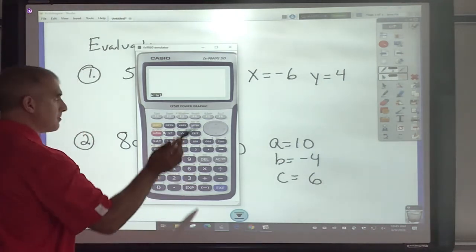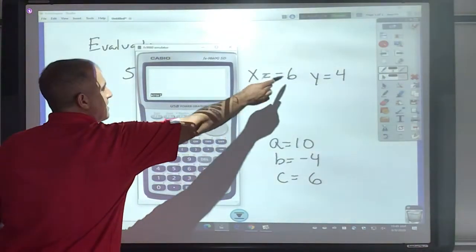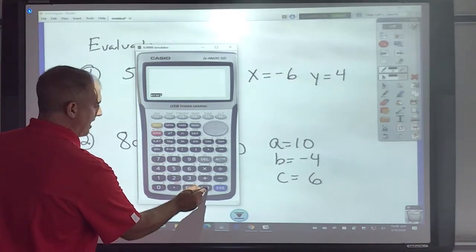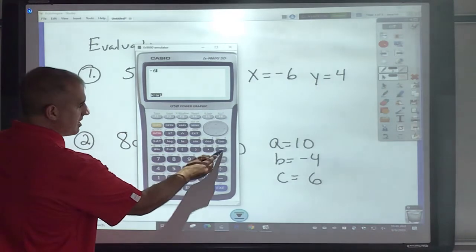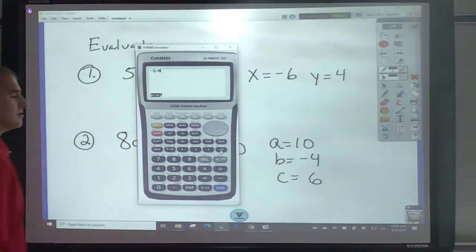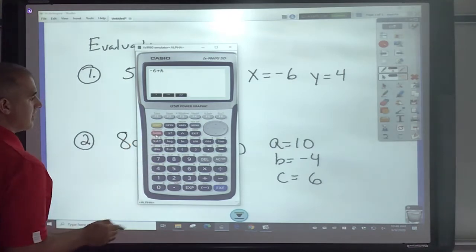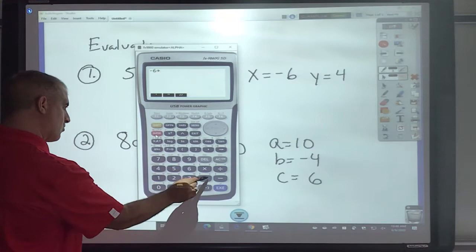All right? So when I'm evaluating, they want x being -6, y being 4. So what I do is I type my number, then I use this little arrow key, then I do alpha, and then I find the letter X, which happens to be right here.